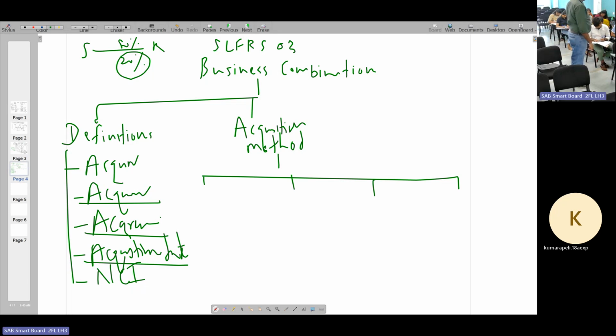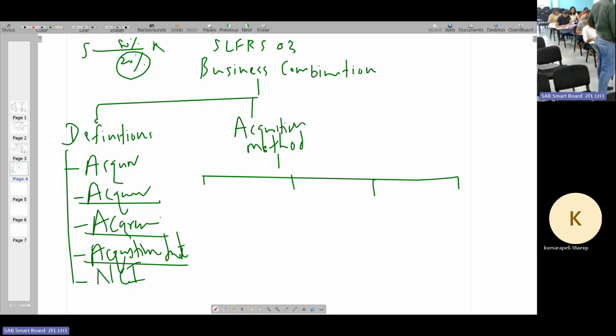That's important. Based on our example, sometimes one person acquires 49%, and another company also acquires 49%. We should see who controls Ranjani. So we should identify the acquirer. That is step number one. It is obvious when it is 80%, but 49% is not obvious as such.